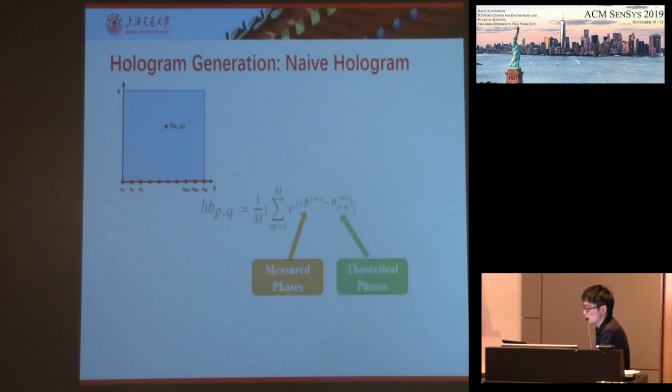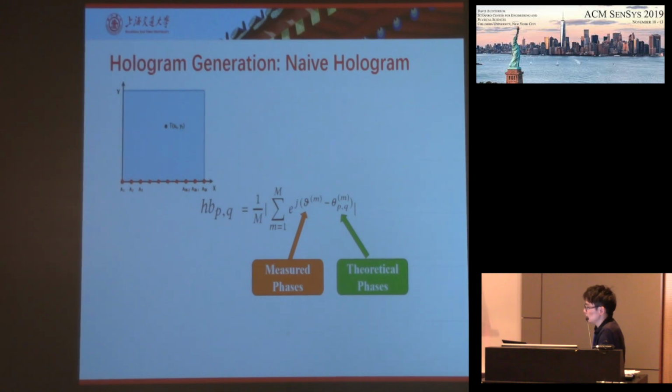Here is a typical definition of likelihood function, which has been widely used in the state-of-the-art systems. For each position in the surveillance plane, we suppose that it's a true tag position. So we can calculate the distance between the supposed position and all measuring points and get the theoretical phases easily.